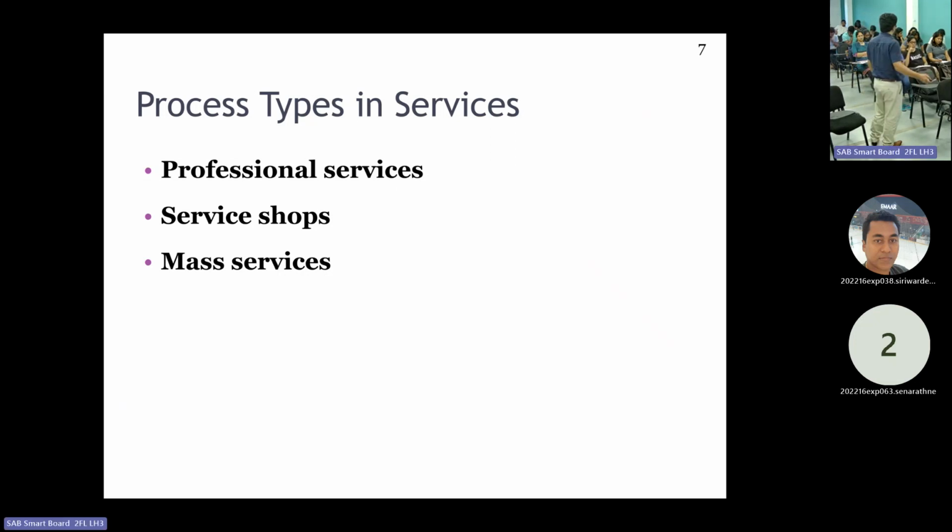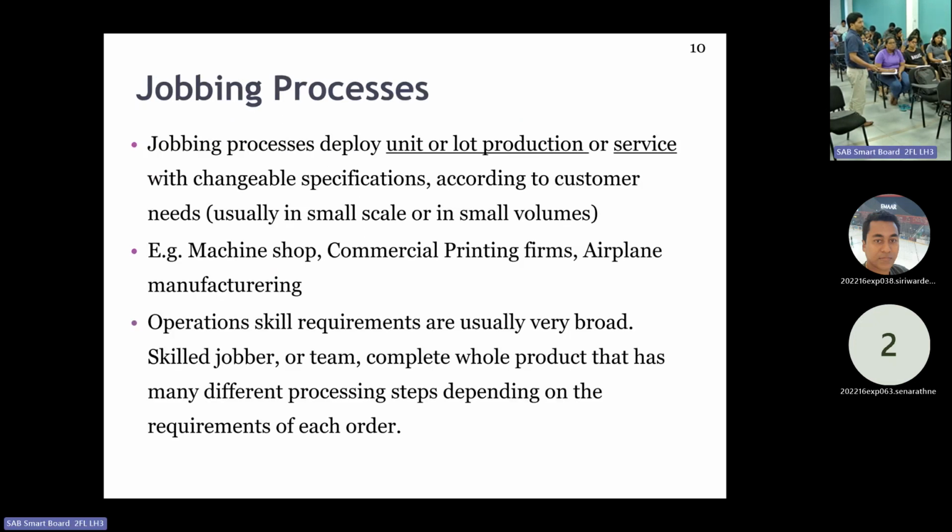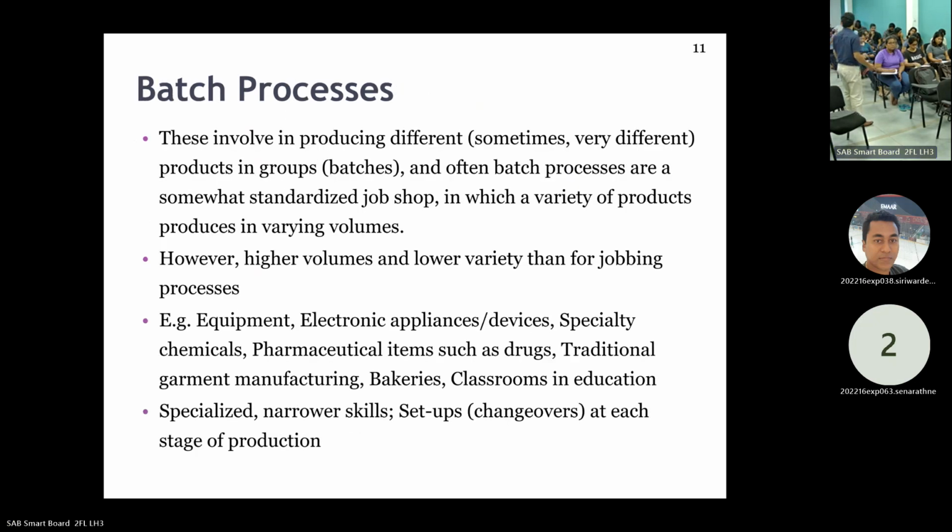So let's discuss more about this later. You take five to ten minutes. Think about these five manufacturing process types. One can study what project processes are. Another one can study what jobbing processes and batch processes are. Then I will help you get a clear idea. So that's the assembly line, and then continuous.